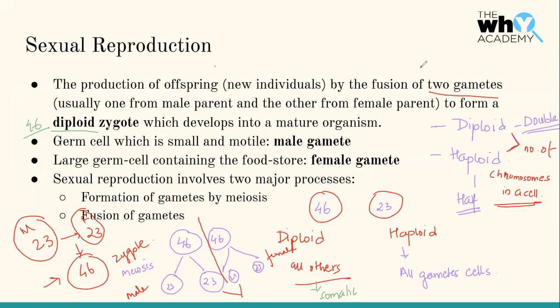Maybe if you take up bio next year, in grade 12, this entire chapter is broken down into one chapter on reproductive health, one on human reproduction, one specifically for flowering plants, which we are going to cover in 2 slides, and a separate chapter for reproduction in other organisms. So that's close to 4 to 5 chapters.